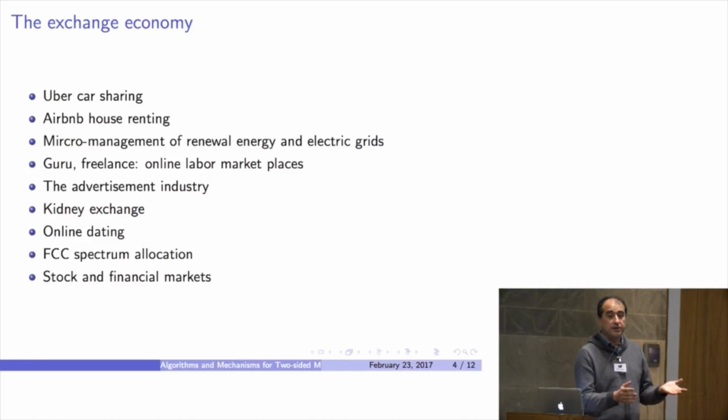Of course, car sharing, which provides two-sided markets between drivers and passengers, and Airbnb house renting, which provides two-sided markets between house owners and renters. Next to come is micromanagement of renewable energy that will be produced at every house and must be injected right away into the grid because it's very expensive to store it, and must be matched on the spot with the consumers of energy.